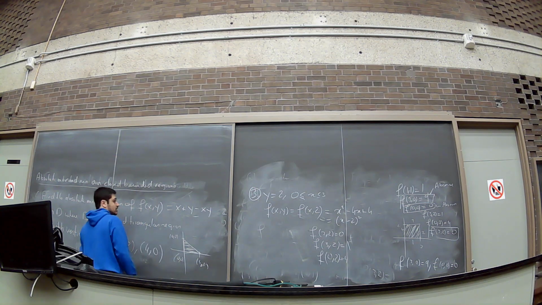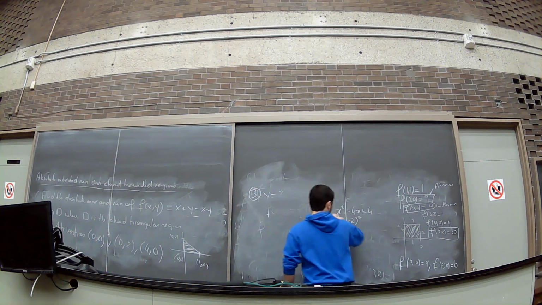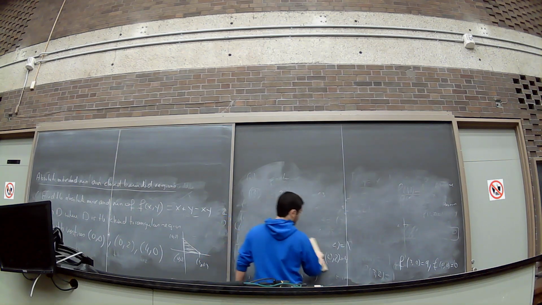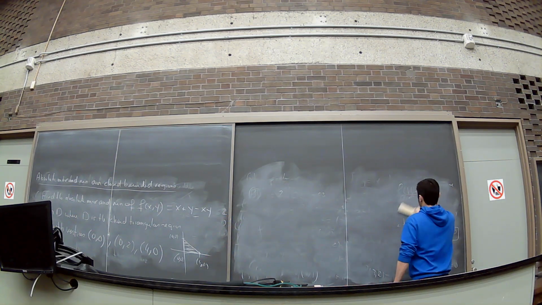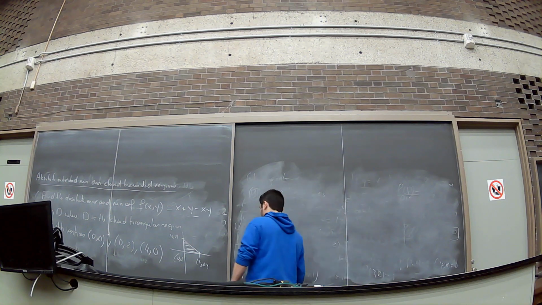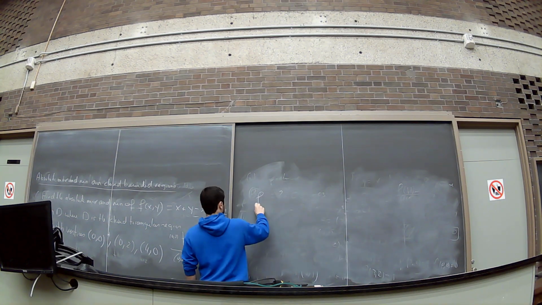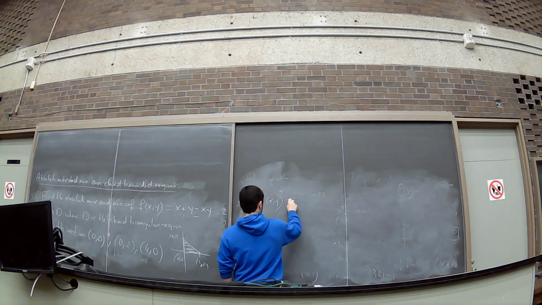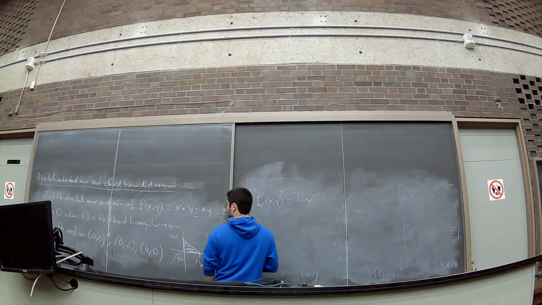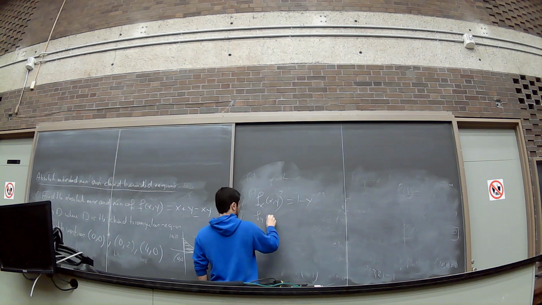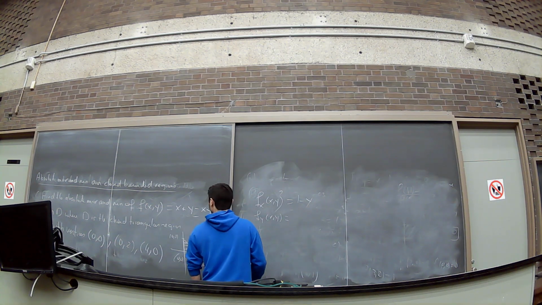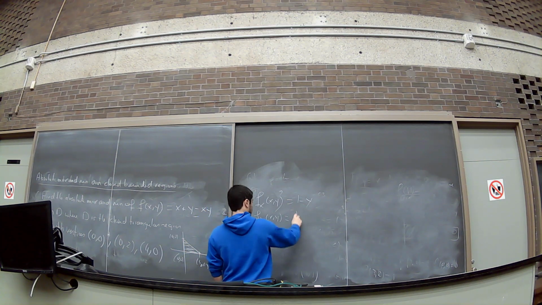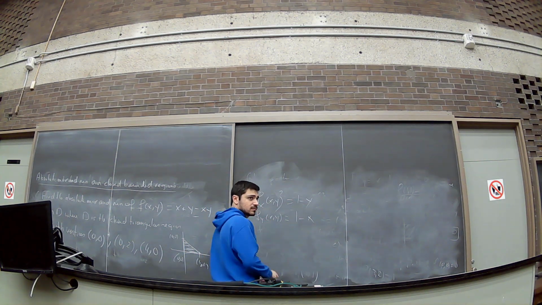Okay? So let's do that. First, we find the critical points inside the region. What is fx, the derivative with respect to x? This is 1 minus y, right? And what is fy? Fy is 1 minus x, right?